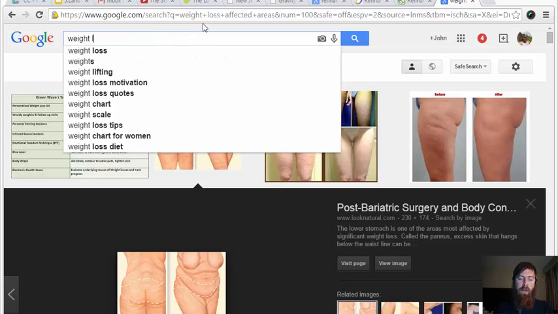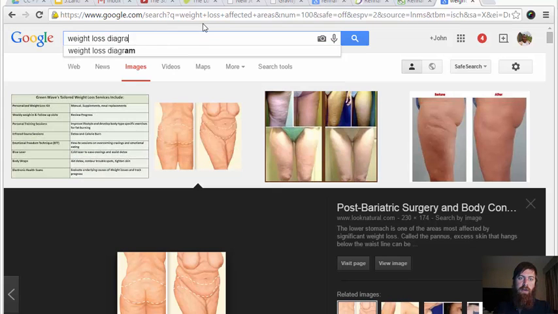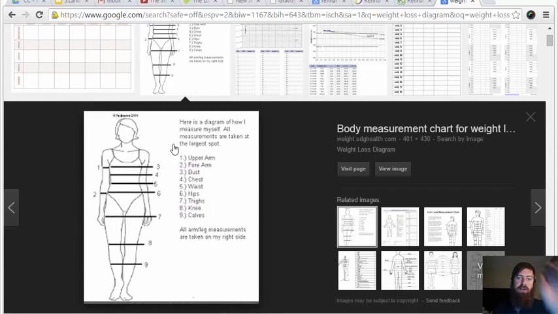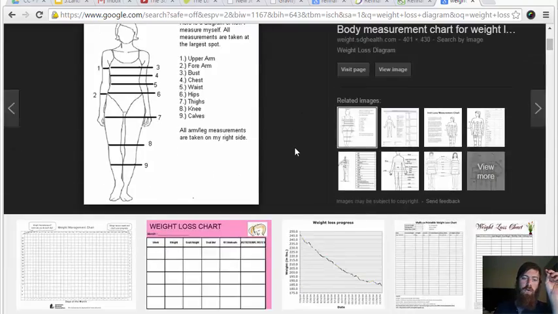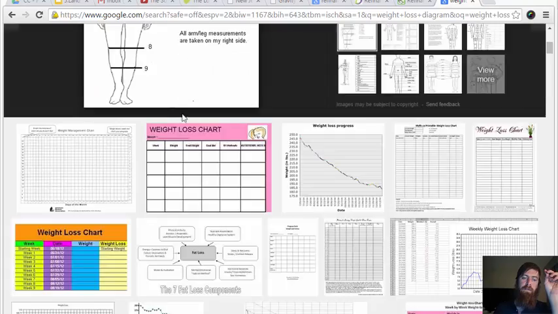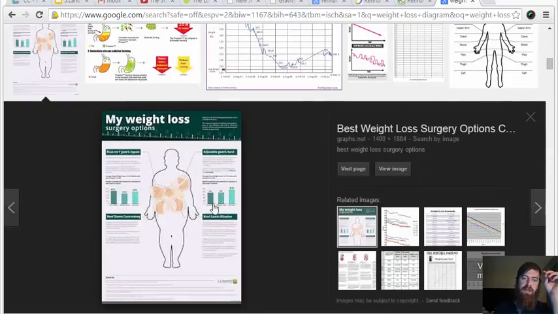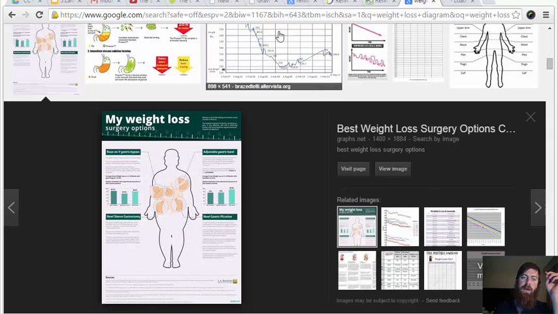Let's see, weight loss diagram. Now see this picture, it looks scientific. It looks like there's some sort of correlation there. You may not know what this actually looks like. Let's bring this up here. Now what you can see is they're calling out particular areas of fat.